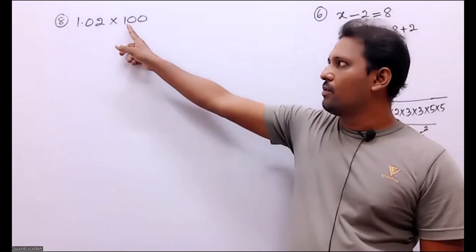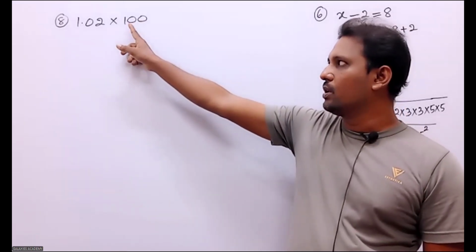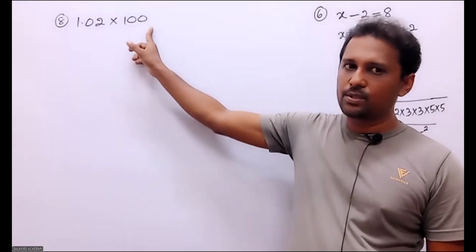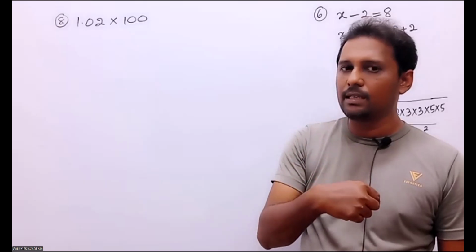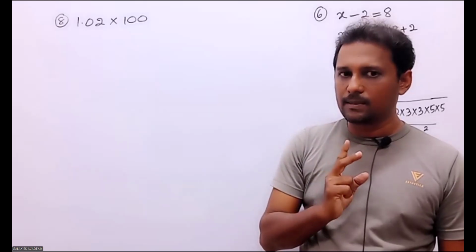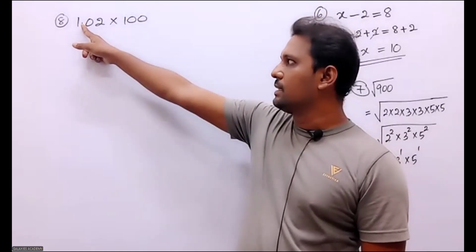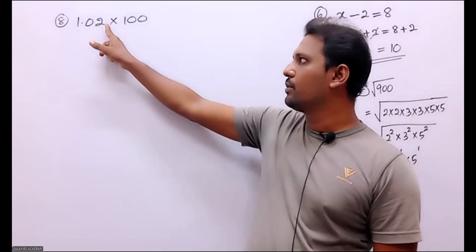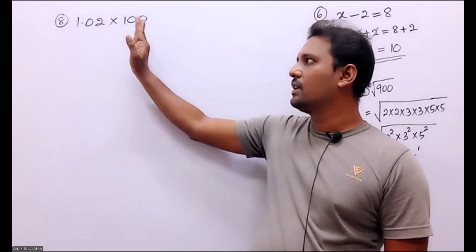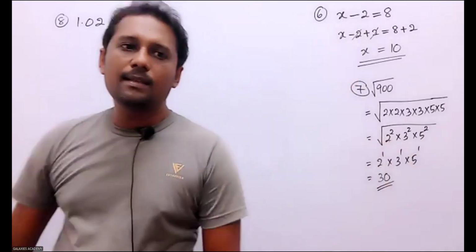This one is 10 to the power 2, no? 1 and 2 zeros. So how many places do you have to take the decimal point to your right hand side? There are two places, right? Here you can see the decimal point, then one place, two places. You have to keep the decimal point after 2. That means what is the answer?